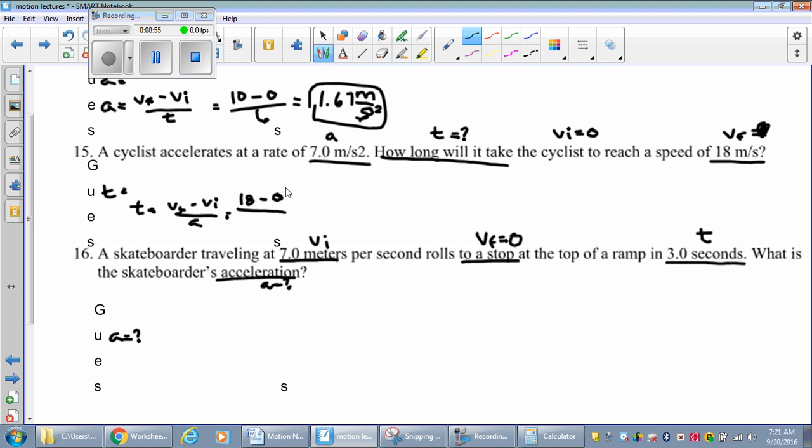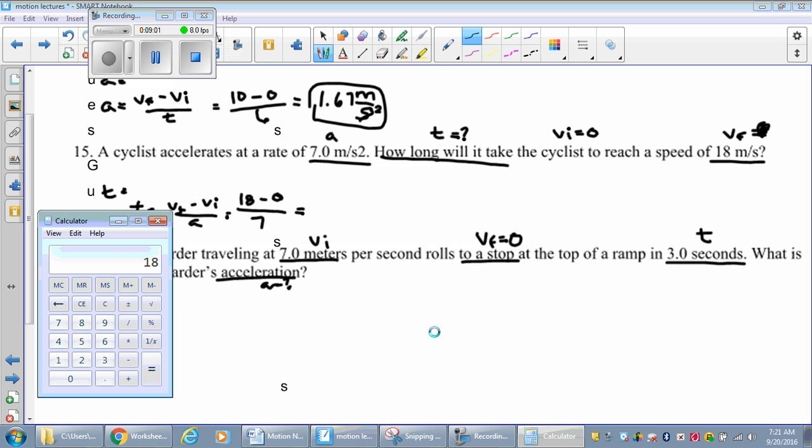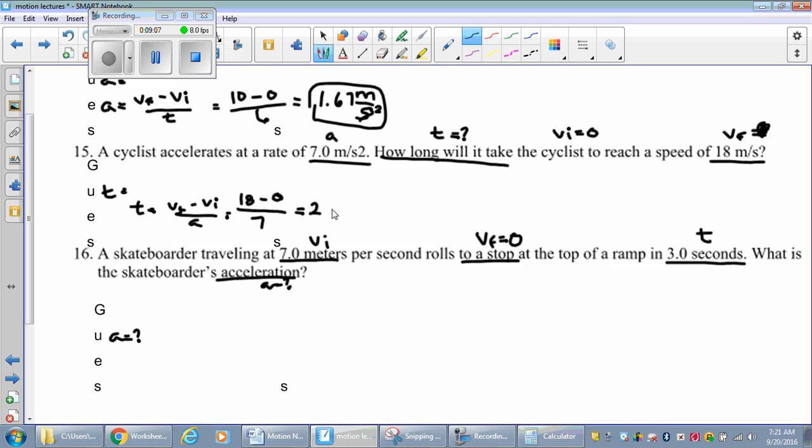And then divide by our acceleration of 7. So let's see what that is. 18 divided by 7, 2.57. And I don't remember what I was solving for. Well, what was the question? Time, right? So this should be in seconds, right? Okay, last one here.